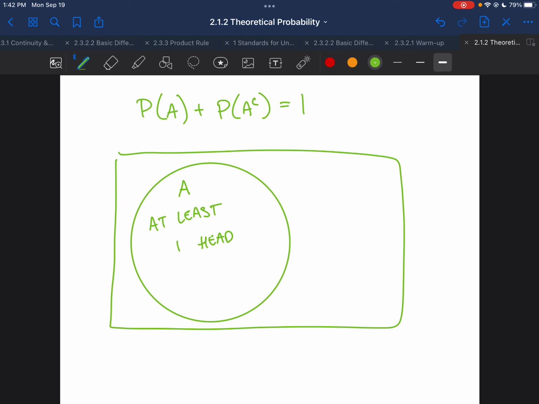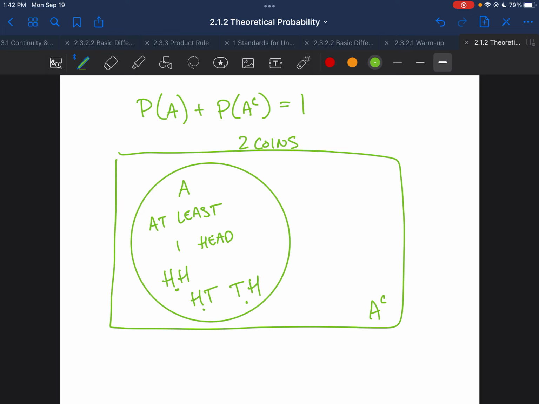Okay, so we're flipping coins and we get at least 1 head. That's event A. So let's list all the ways that we can get at least 1 head when we flip 2 coins. We have heads and heads, we have heads and tails, we have tails and heads. These are 3 points in my sample space that fall within A, the circle A. So this is A complement outside here.